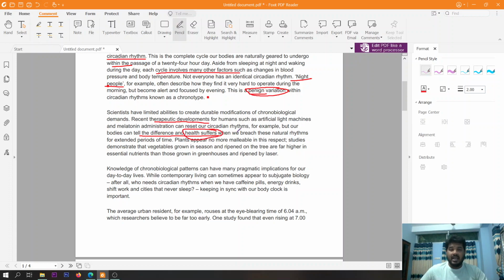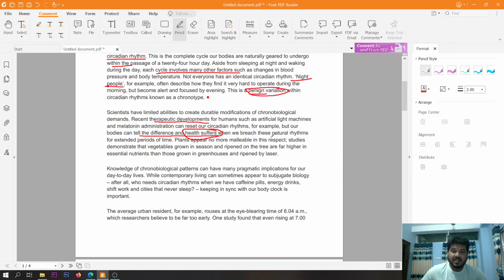So up till this line, what we understood is that scientists are able to change, or at least reset, the circadian rhythm. The body can identify that. The body can find out if the circadian rhythm has been changed or affected in any way. And if that happens, then the health suffers, right?